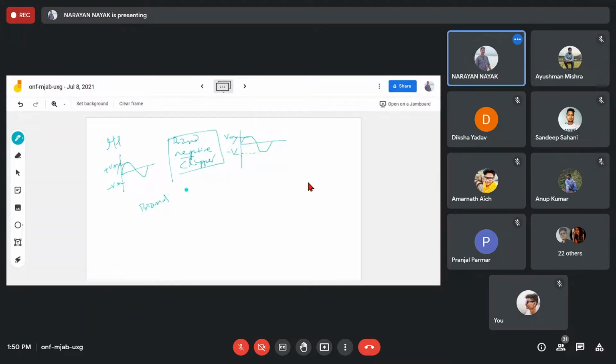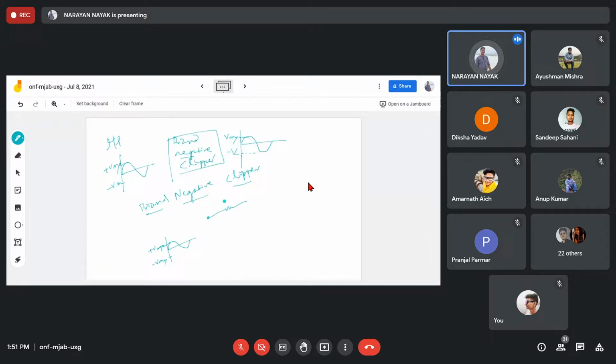Now let us say we are having the bias negative clipper. So what is the basic circuit of the bias negative clipper? We apply the input signal, a sinusoidal signal with Vmax and minus Vmax, to the bias negative clipper circuit.